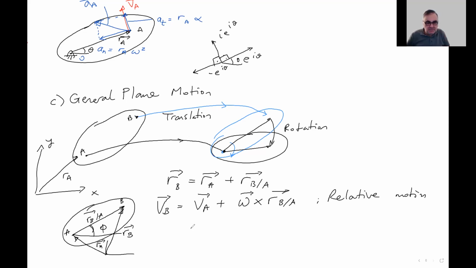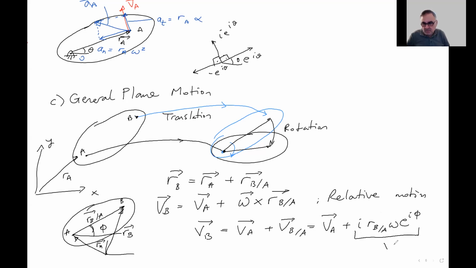If I take the derivatives, the relative velocity is going to be VB relative to A. But we can write this as VA plus VB relative to A, which can be written as, let's say, i times omega times r.